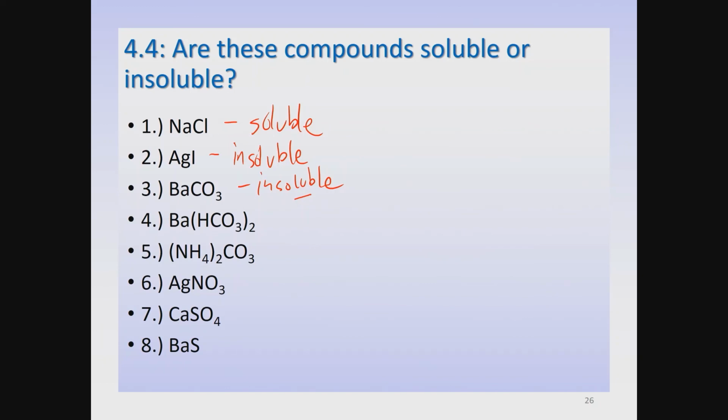This should be soluble. Okay, how about ammonium carbonate? Again, carbonate is in the insoluble list, but there are times when it can become soluble. It can be soluble when you have group 1 metals bound or when you have ammonium there. You can see that ammonium is in this compound, ammonium carbonate, so this should be soluble.